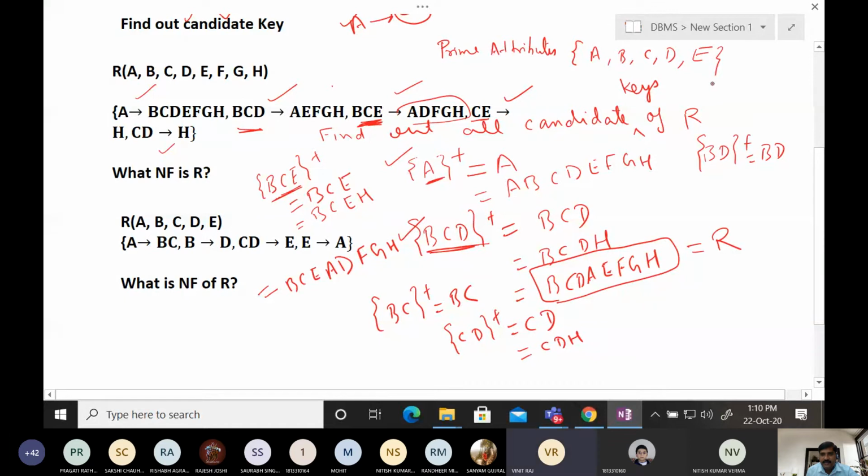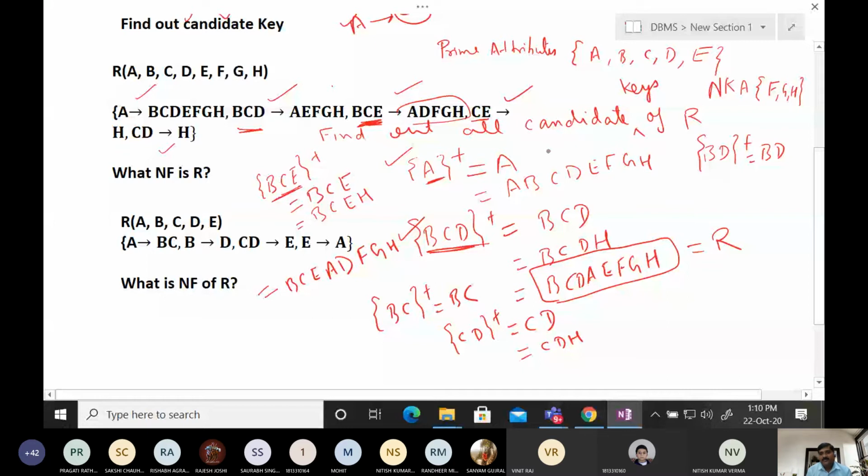F, G, H. And as per the definition, if any attribute participates in any candidate key of R, then that is called a prime attribute. Or if any attribute participates in at least one candidate key of R, then we will say that attribute is a prime attribute. Otherwise, the attribute is a non-key attribute.